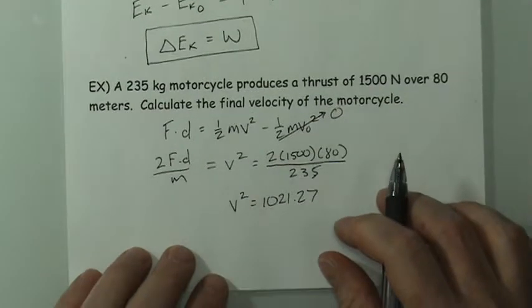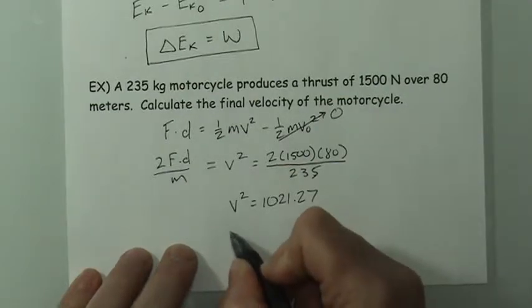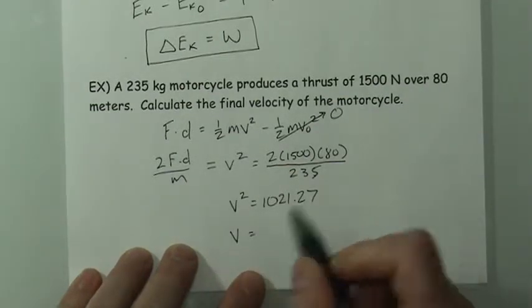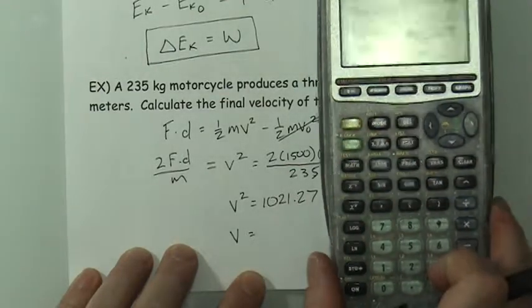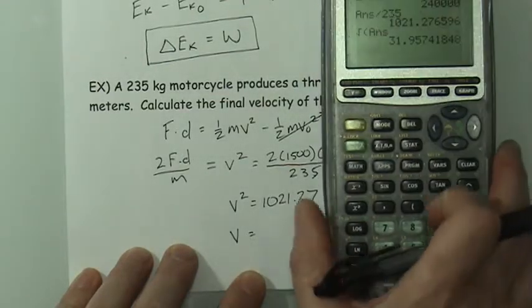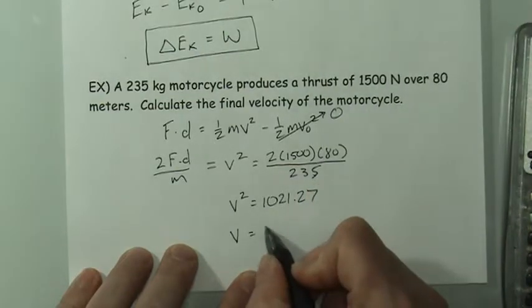Then in order to get the velocity by itself, we'll just take the square root, and the square root is 31.95 or 31.96.